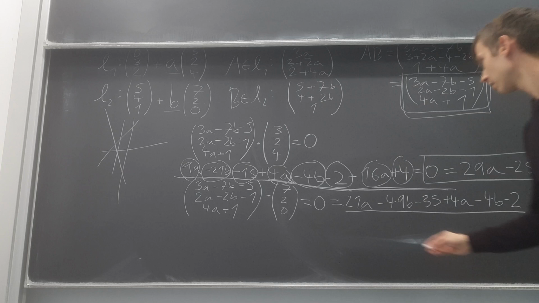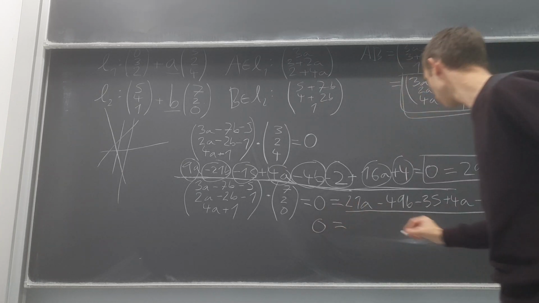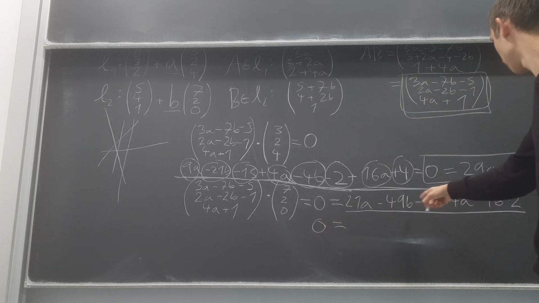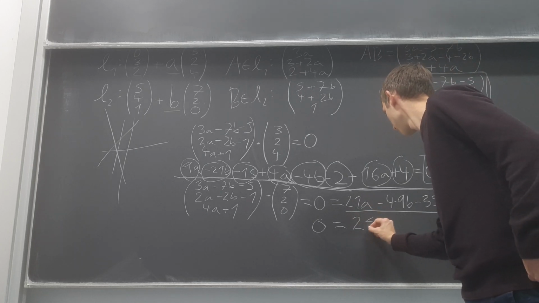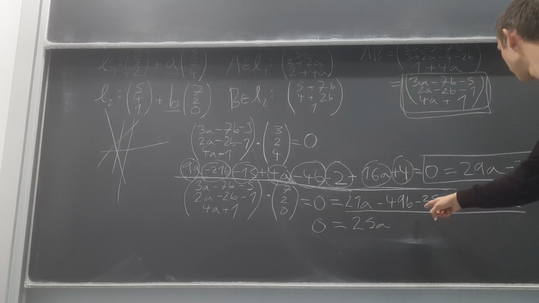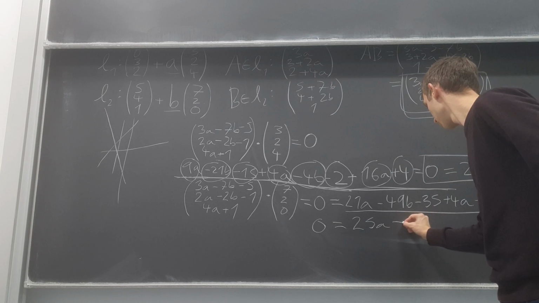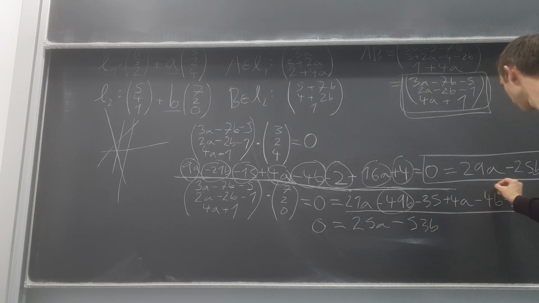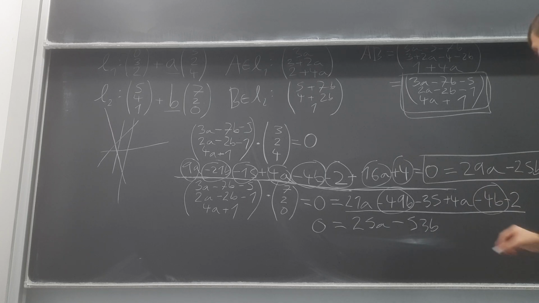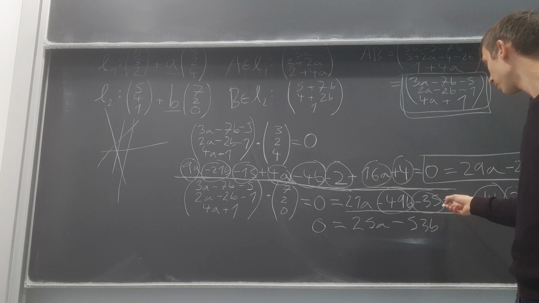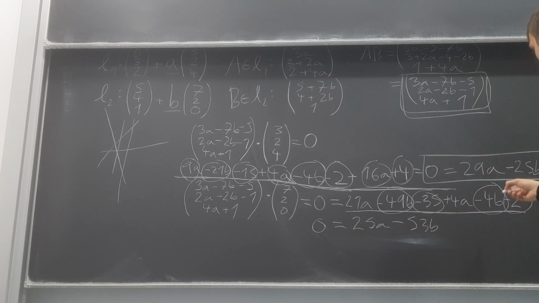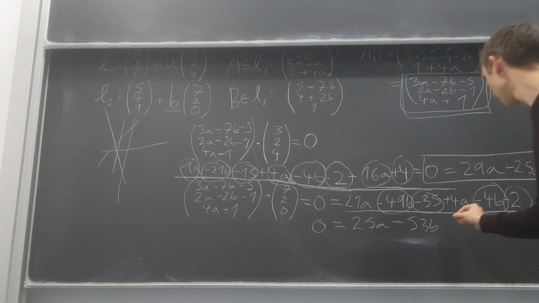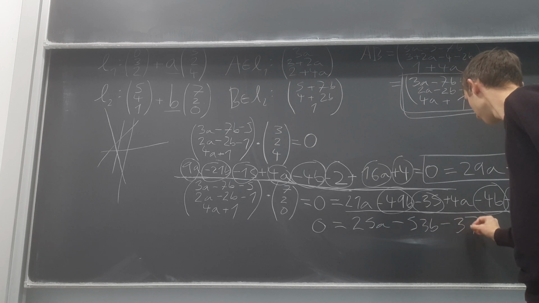So 0 must equal 21A, 25A, minus 53B, minus 37. So 25A minus 53B minus 37.